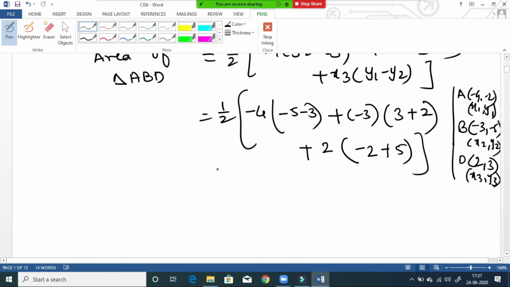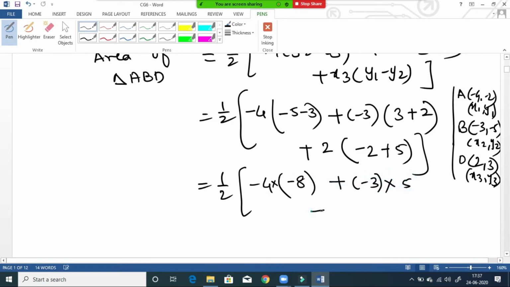So bracket complete here, that is equal to half into bracket: -4 into (-5 minus 3) is -8, plus -3 into (3 plus 2) is 5, plus 2 into (-2 plus 5) is 3, because minus plus minus, so 5 minus 2 is 3, the bigger number's sign is positive.